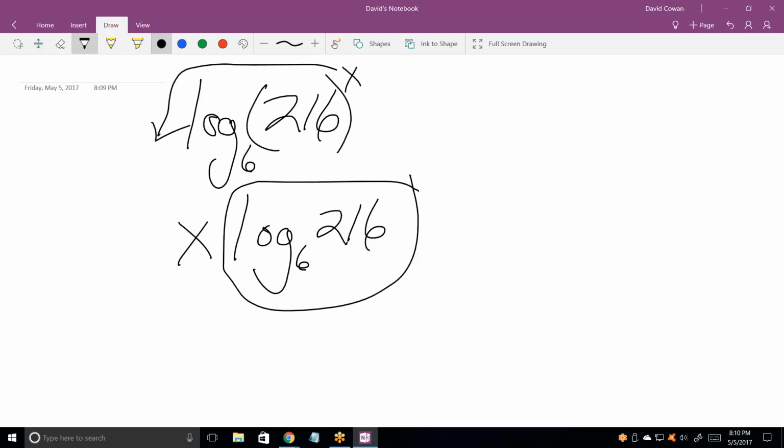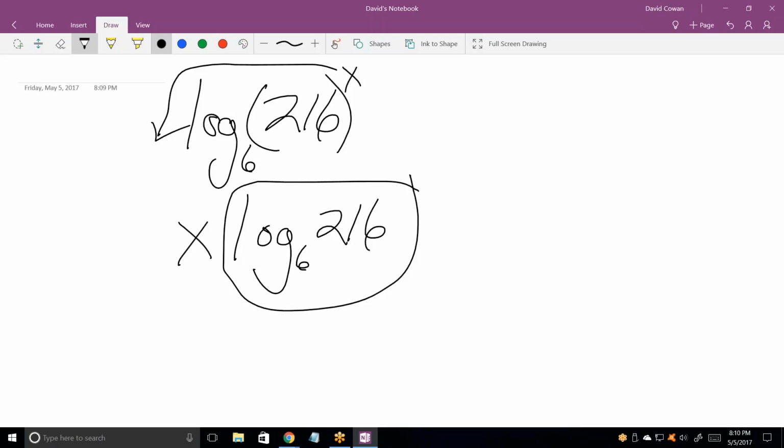What is that? 6 to what power equals 216? And let me give you a clue. The answers are always small whole numbers. They're never 2.4. They're never 18. They're either 1, 2, 3, or 4.